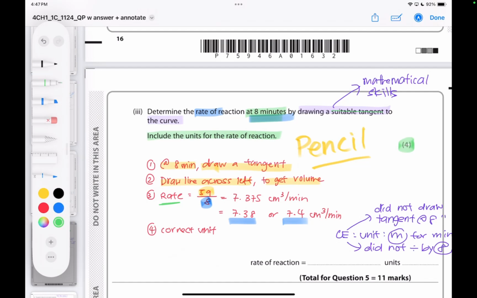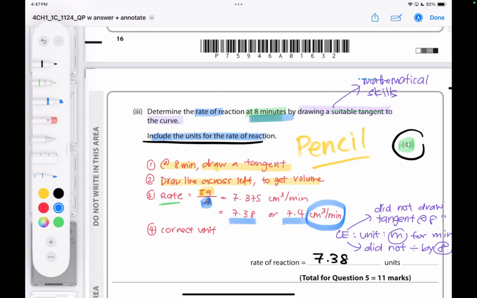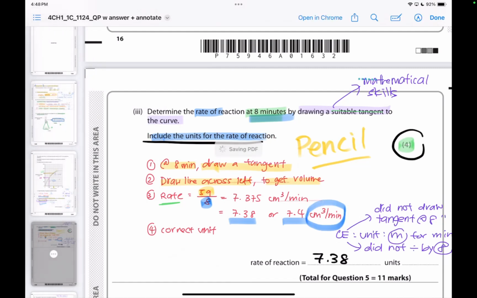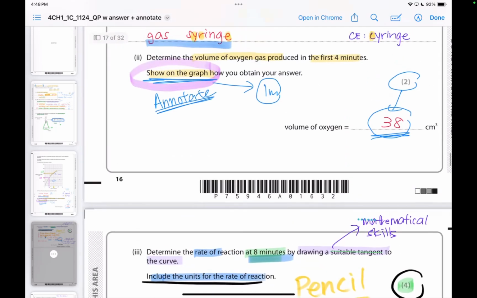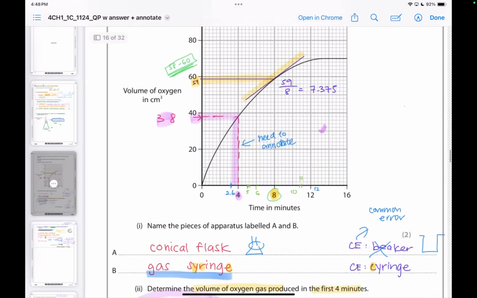I personally like to present my answers in 3 SF, so I'll put this as my answer. And finally, underline things like that. These are instructions: you need to include the units. The units here are cm cube per minute. Say for example you have no idea how I got cm cube per minute, then always go back to the graph to look for contextual clues.